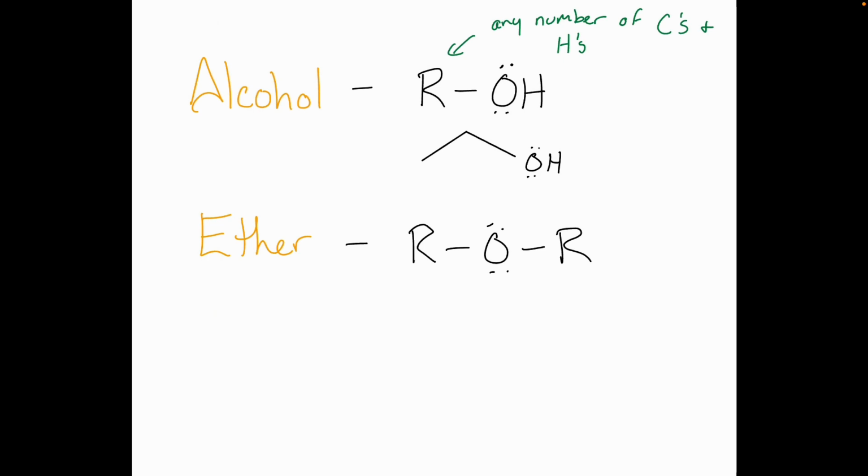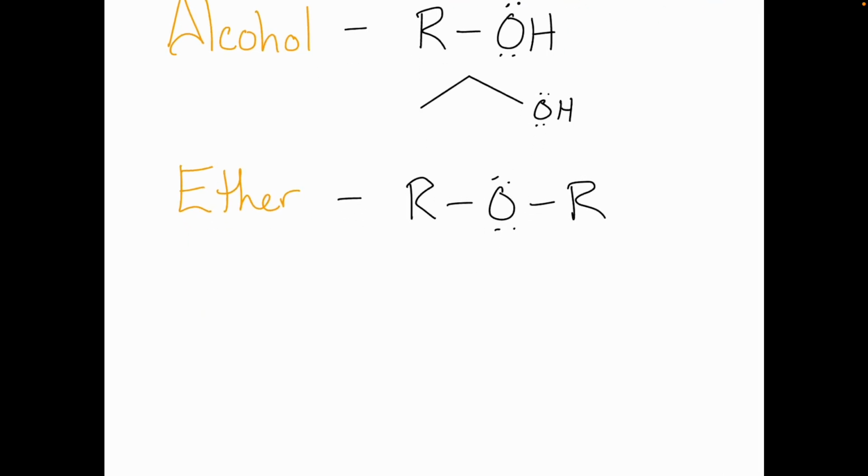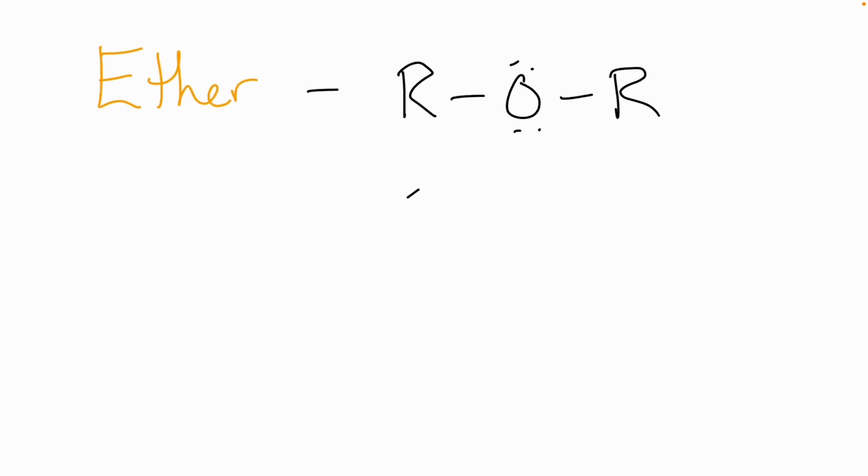It's like an oxygen in the very middle of a molecule. One example would be diethyl ether. This molecule here has 4 carbons, and this oxygen is right in the middle, single bonded to 2 of those carbons.